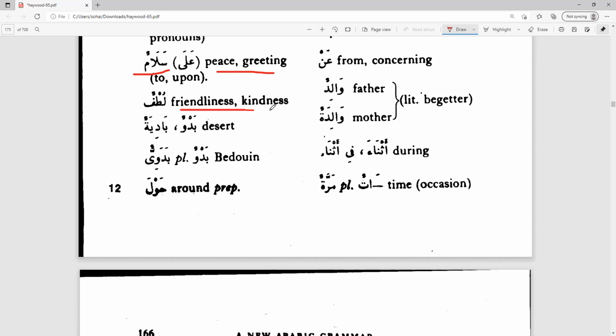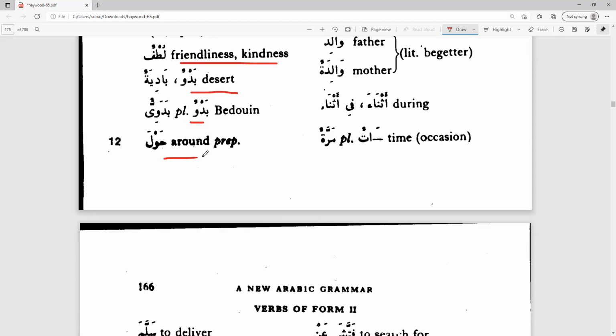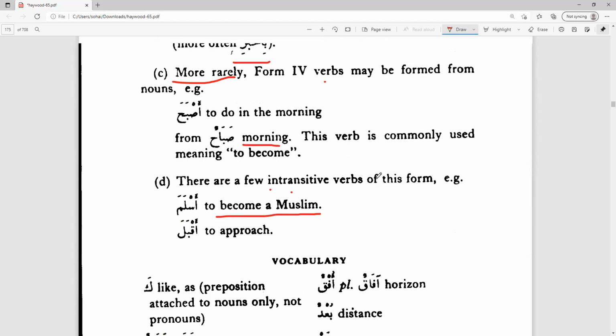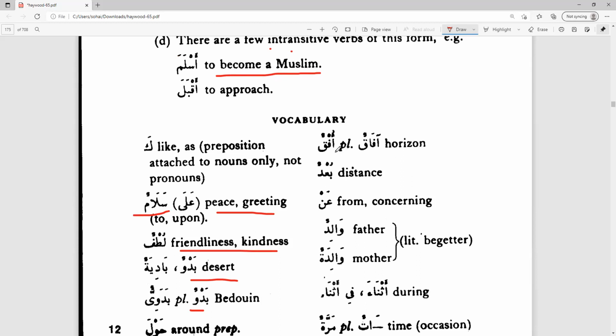Then lutfun means friendliness, kindness. Badiyatun or badyun means desert. Badawiyun means Bedouin. Broken plural is badwun. Hawla means around. Ufuqun means horizon.